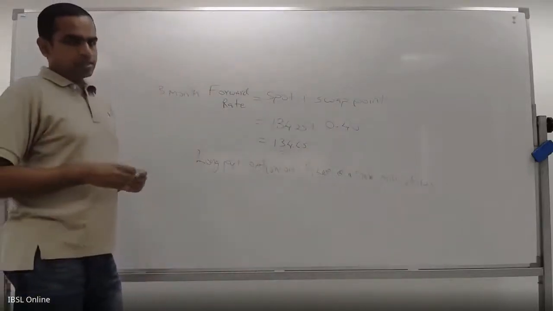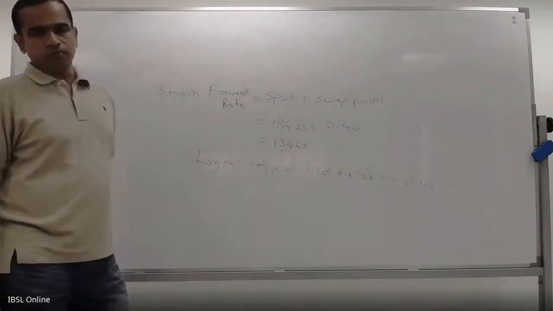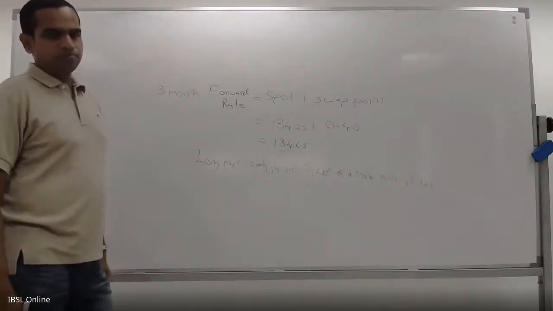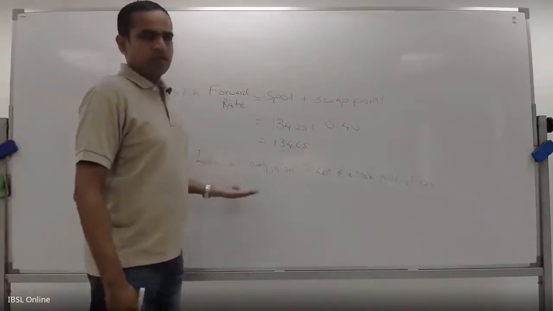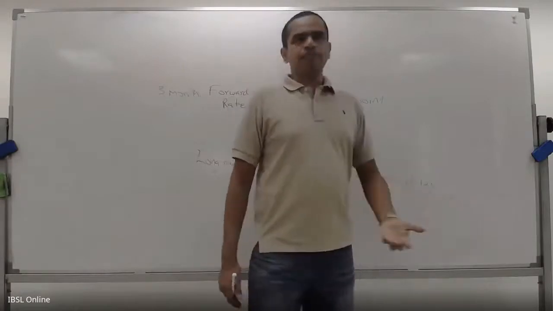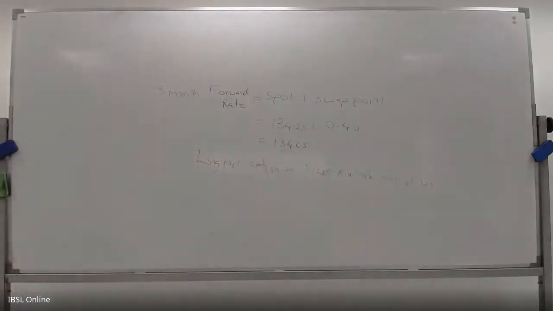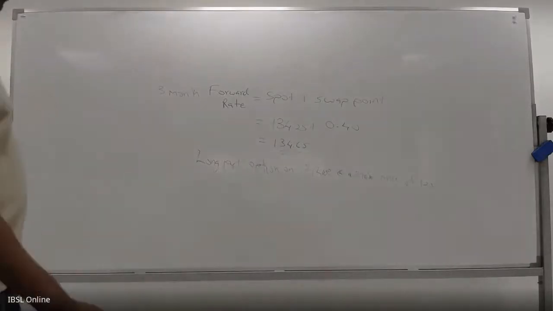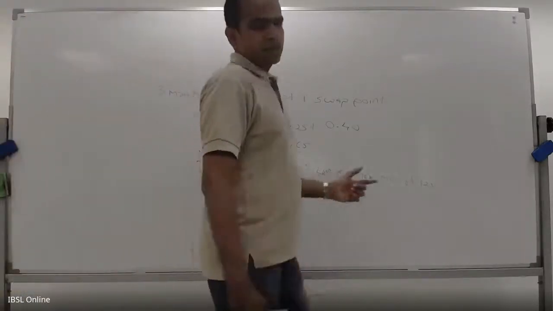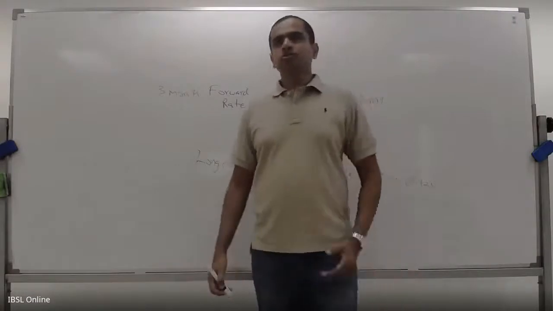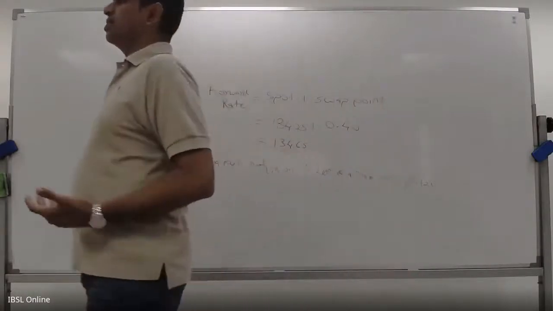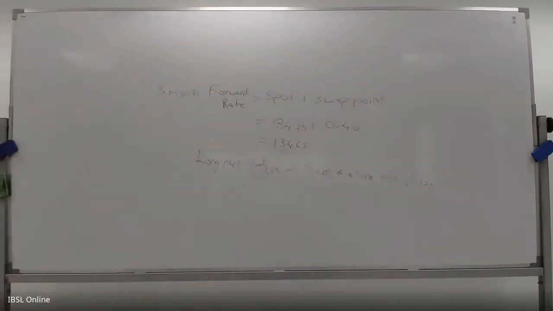Now, if he does this, if the market falls below 125, the bottom rate he will get is 125. So his risk is capped at 125. The worst rate he will get is 125. But if the market goes up, he will benefit because he is buying an option. Therefore, he has no obligation, right? He has a right to exercise his option at 125.